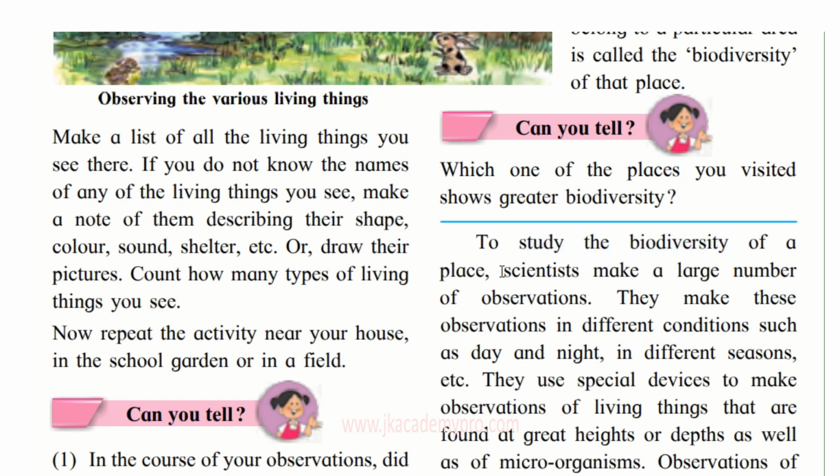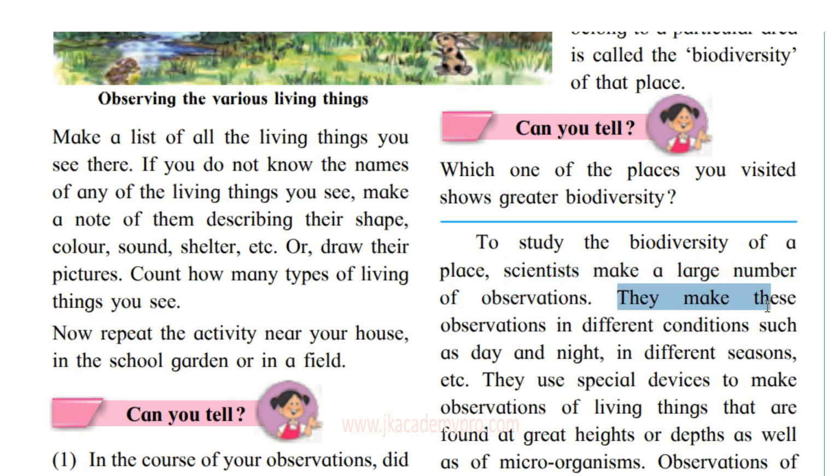They make a large number of observations, just like you must have done two or three, isn't it? And there are many scientists doing it over a large area, not just one or two.